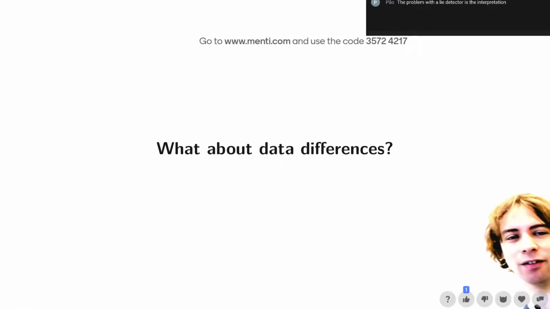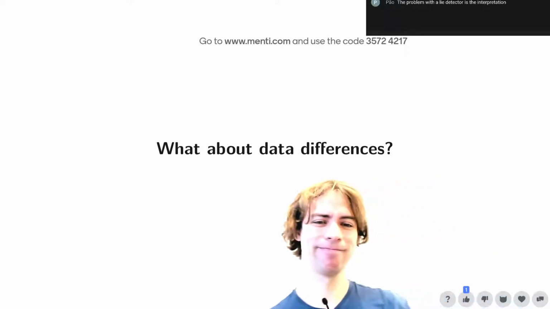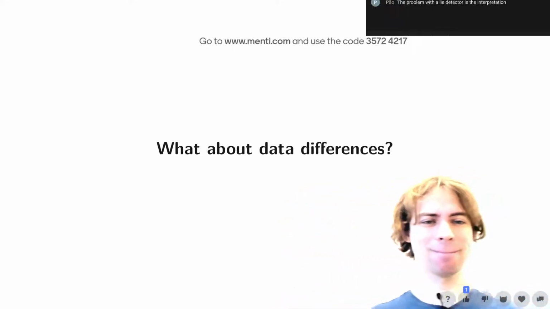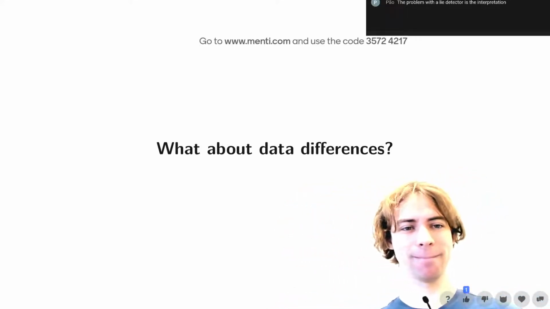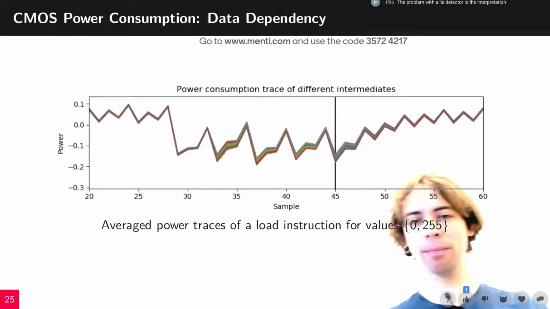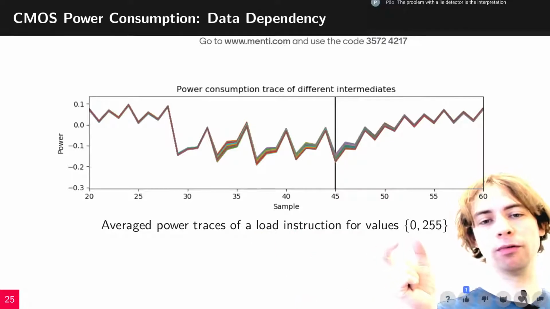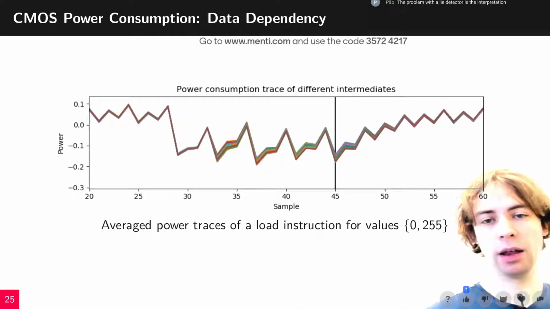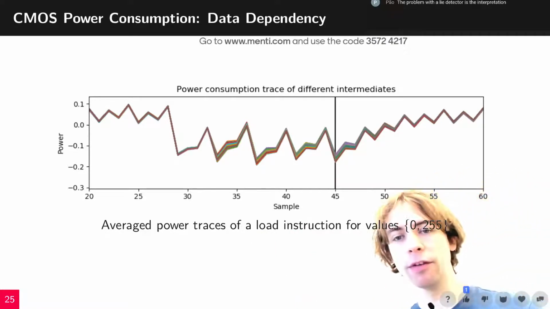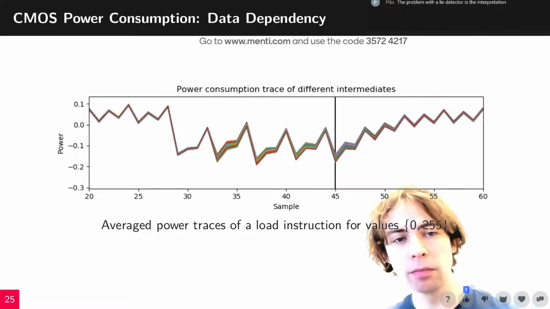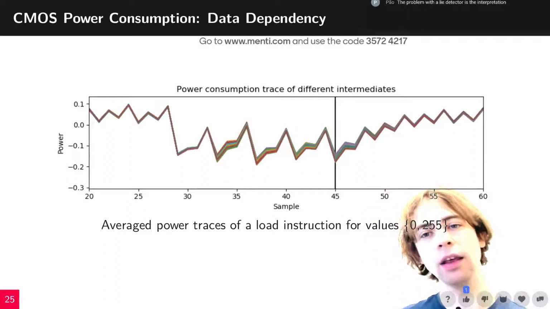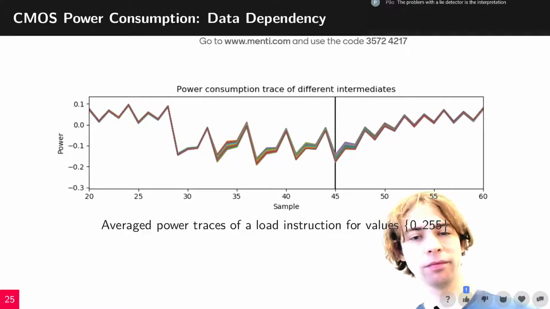What about data differences? So here we have the power traces for a load instruction. We load different values from 0 to 255 from memory. And here we have the average power traces. Do you see any leakage here?